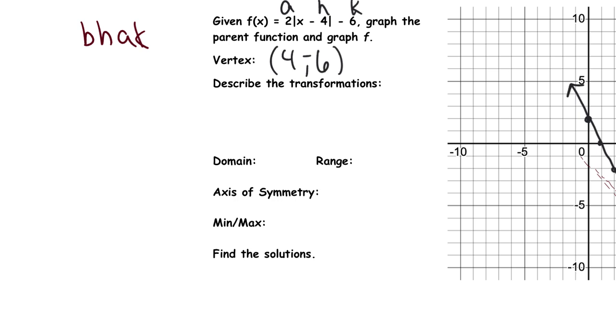Yes. So therefore, we always have to take care of our multiplying before we add and subtract. This is the inside. This is the outside. So notice I took my B, which is a multiplier, and it comes before H. I took my A, which is a multiplier, and it came before K.